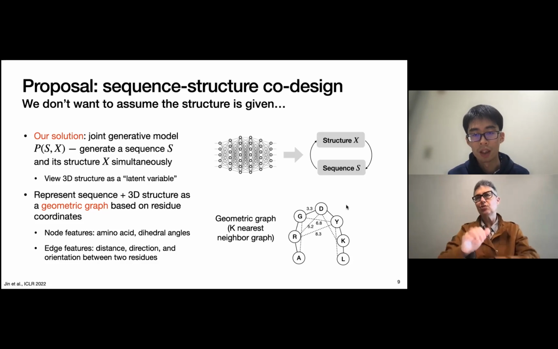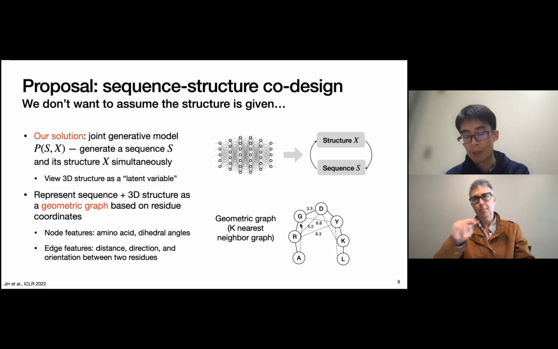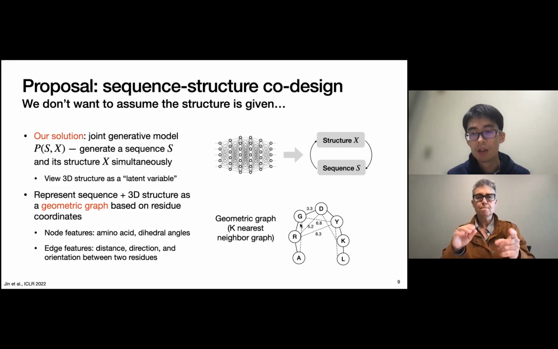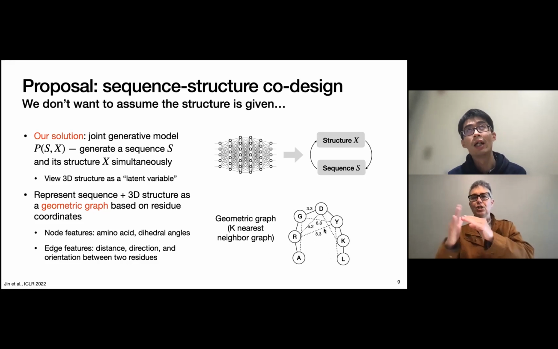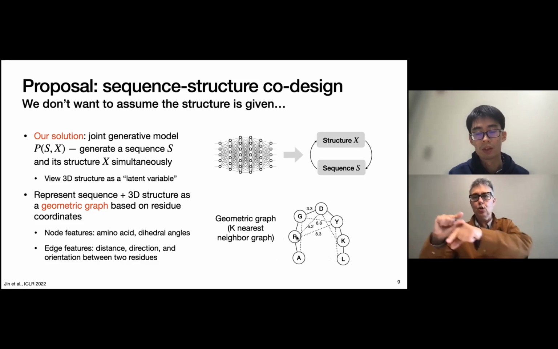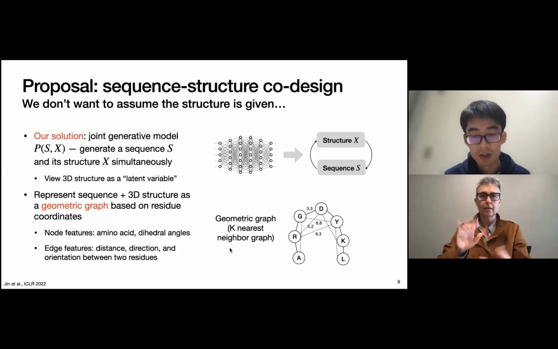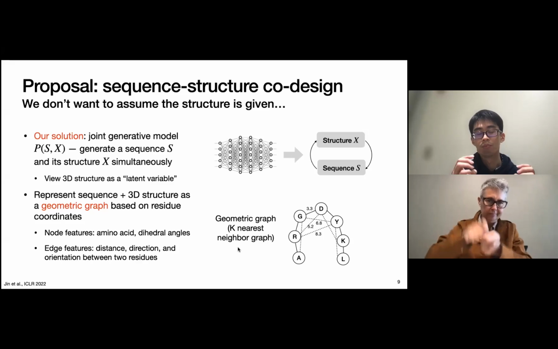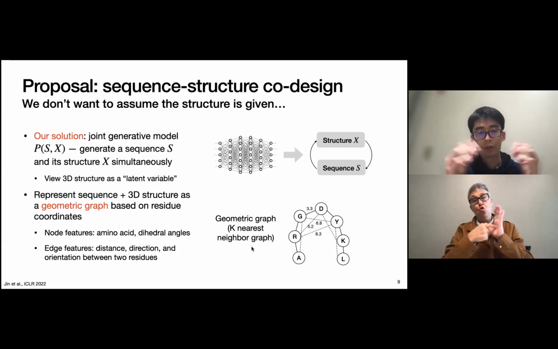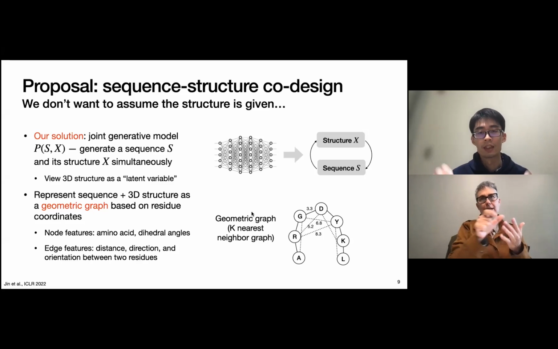This is a k-nearest neighbor graph representation of the CDR. I'm skipping the framework region for now, but basically you have a bunch of edges, and each edge has features like the distance between the two residues, or the direction or orientation between them. I will not go into the details, but this is the rough idea. So you are generating a geometric graph to realize the 3D structure and the sequence at the same time to execute this co-design idea.